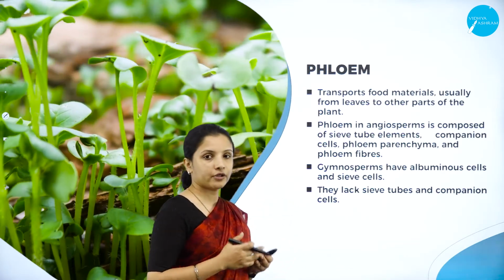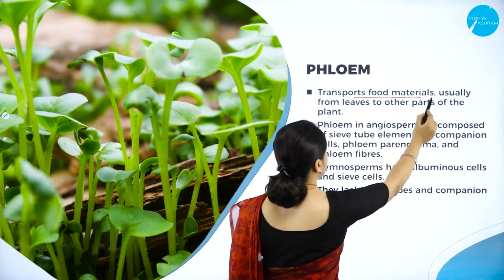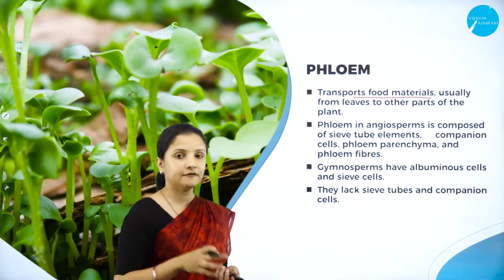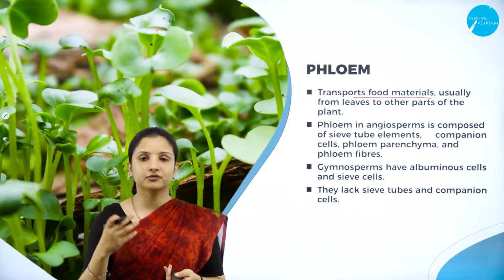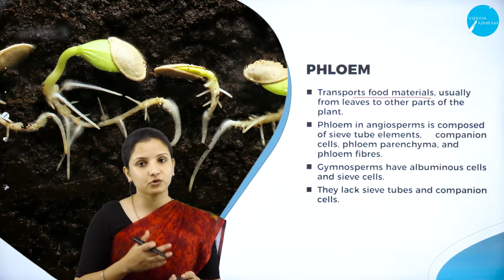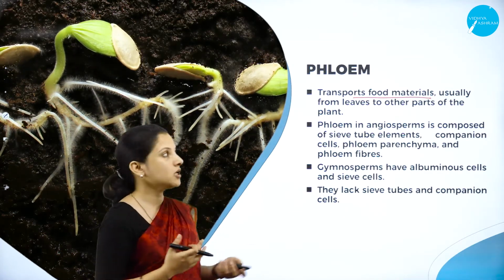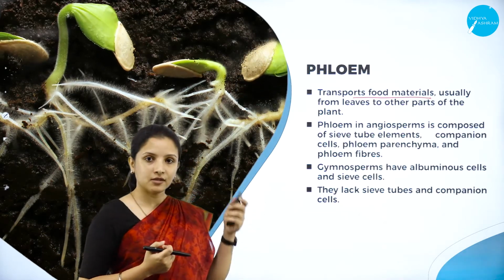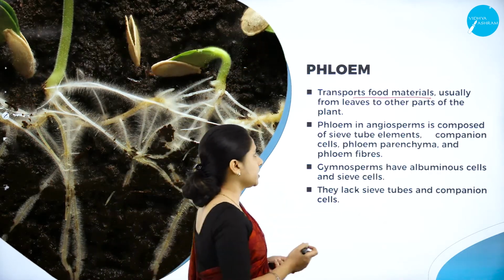The phloem usually helps in the transport of food materials from the leaves to other parts of the plant body. So food that is synthesized by the leaves will be transported to different parts of the plant body through tissues called phloem.